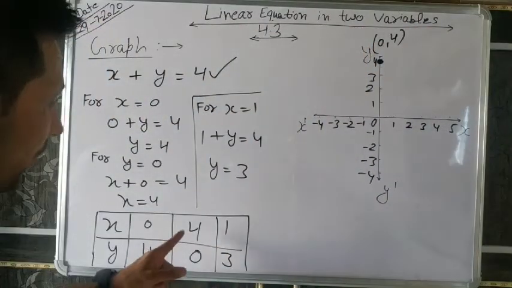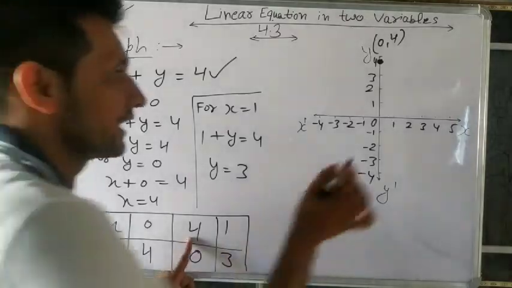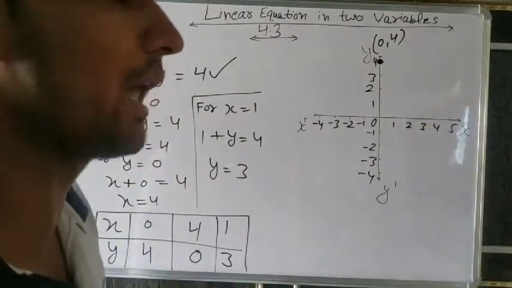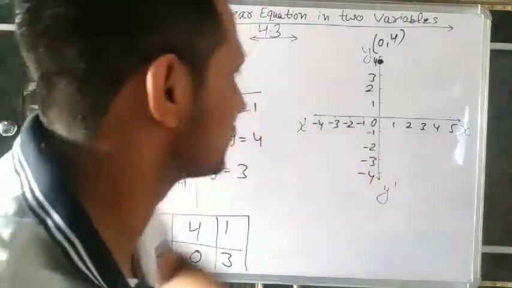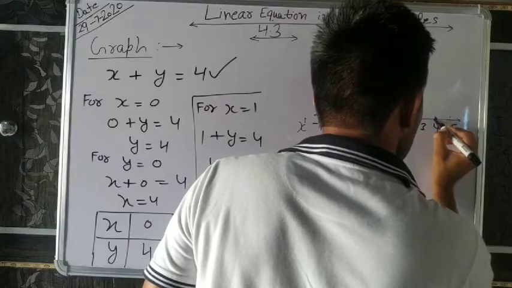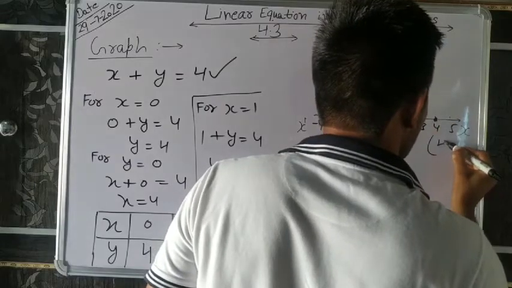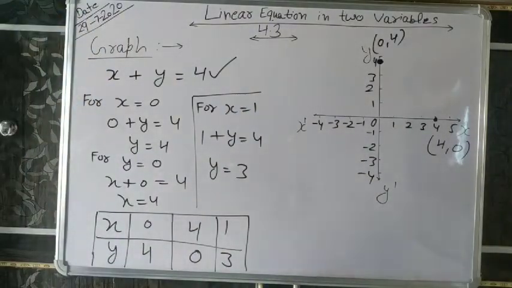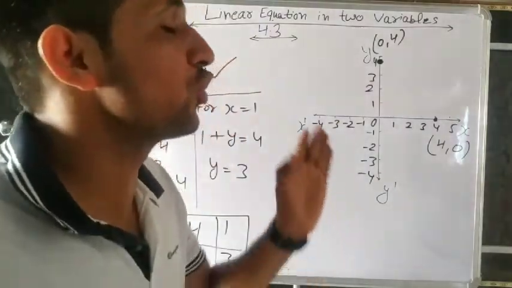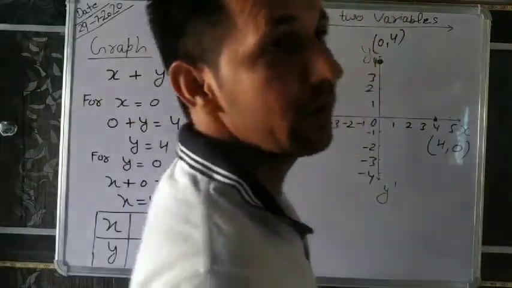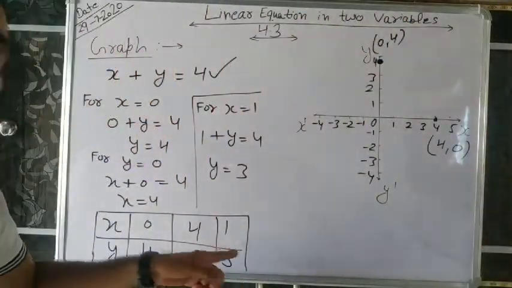Next, when x is 4, y is 0, and y equal to 0 is always on the x-axis. So this is the point: x is 4, y is 0. These two points are sufficient to draw the graph. You can join these two points, and it is the graph. Otherwise, you can draw this third point also.